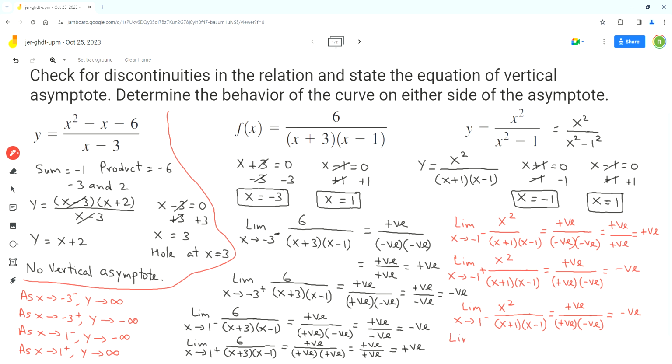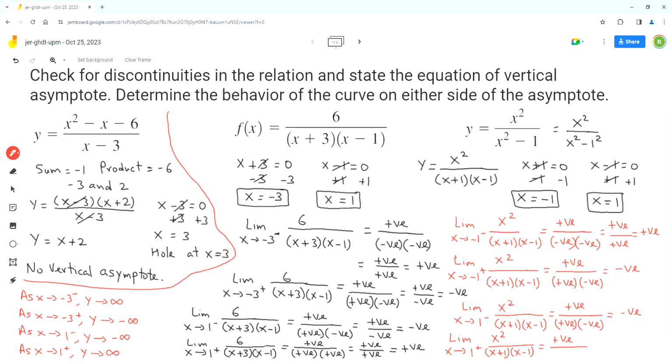Now we can analyze the behavior on the right side of 1. x squared over the same denominator, so the numerator will always be positive.